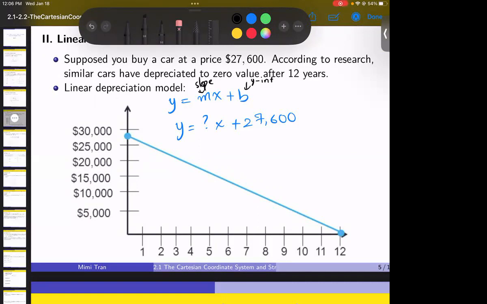So the step is that you pick the leftmost point, this one, and then depending on whether it's a decreasing graph, you rise down; increasing, you rise up. How many units? I'm rising down negative 27,600, and then go over 12 units, right? Okay, so rise over run.